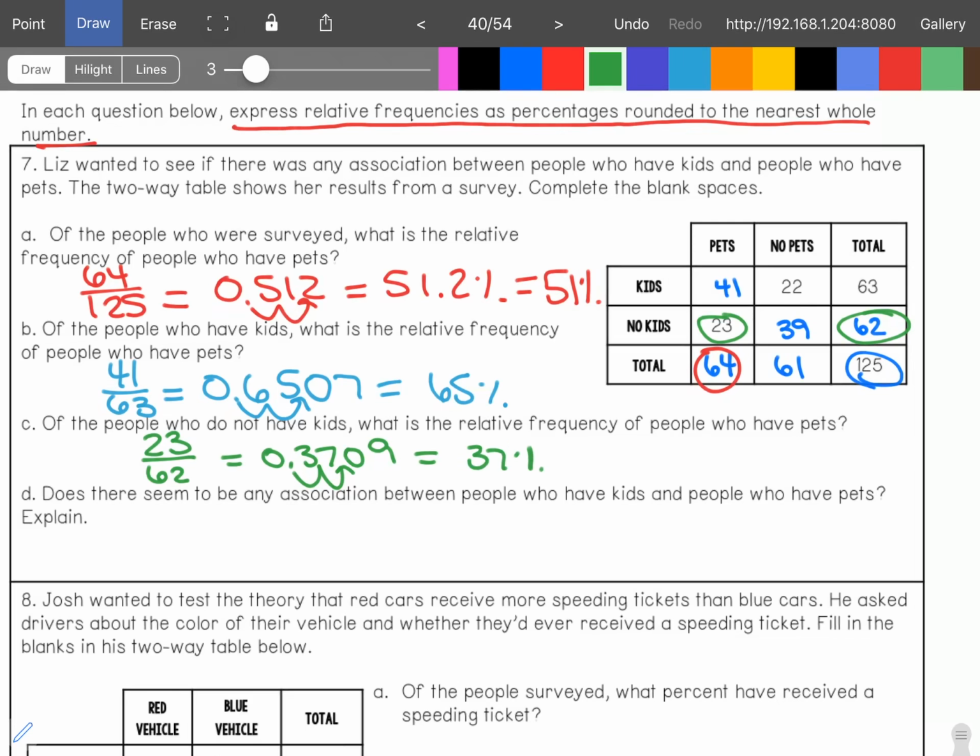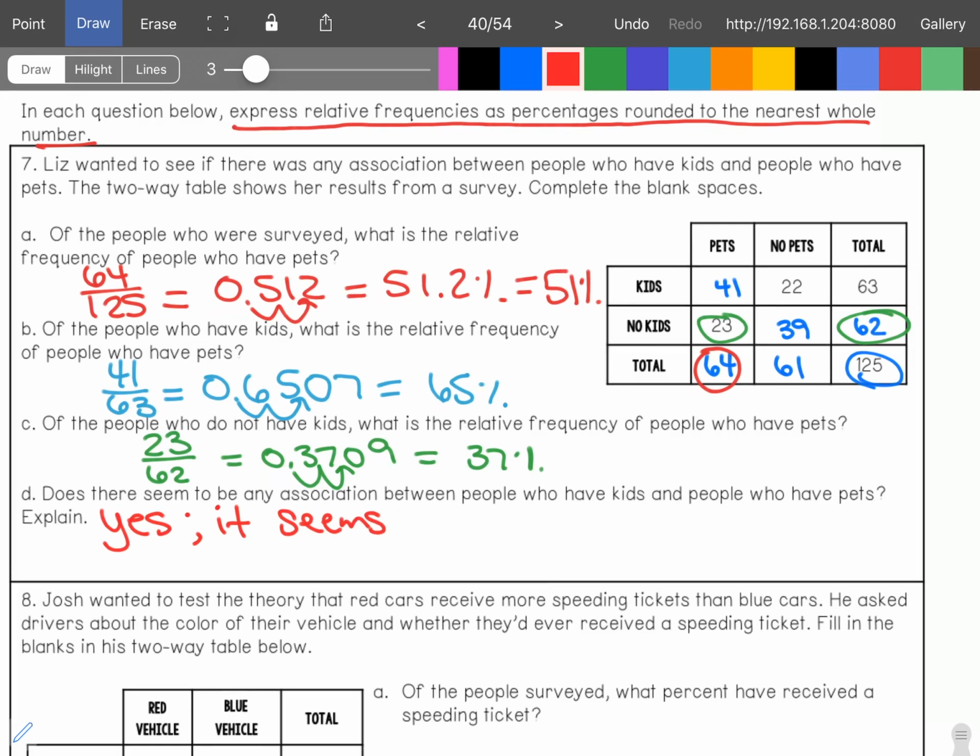All right, does there seem to be any association between people who have kids and people who have pets? So does there seem to be some type of association? I think we could say yes.